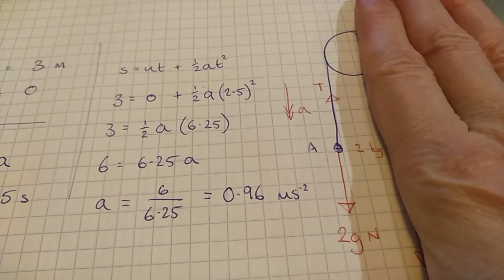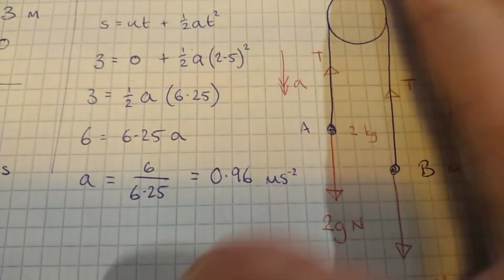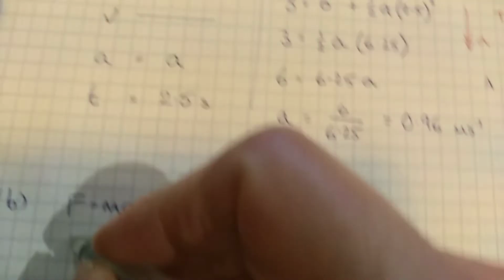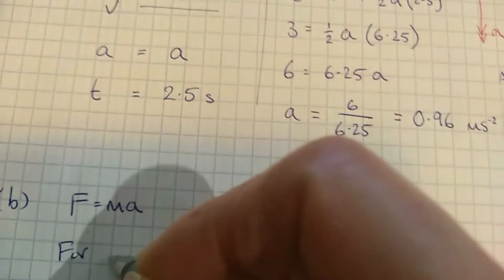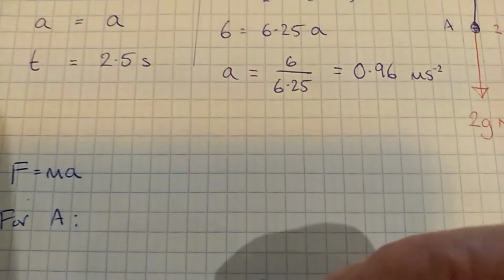The mass is 2 kilograms there, and the acceleration we work out is this. So this is my M, this is my A, and this is my F.